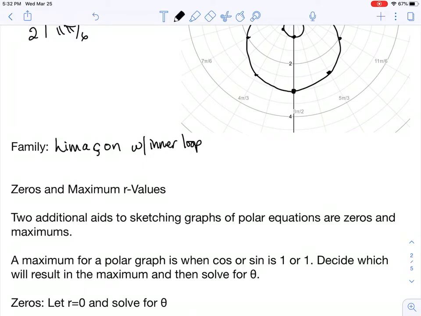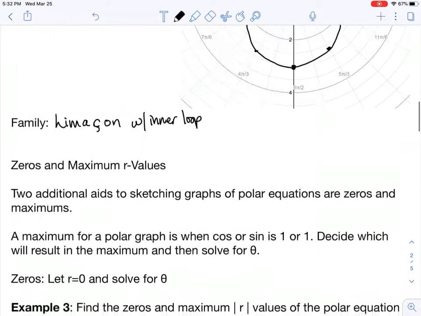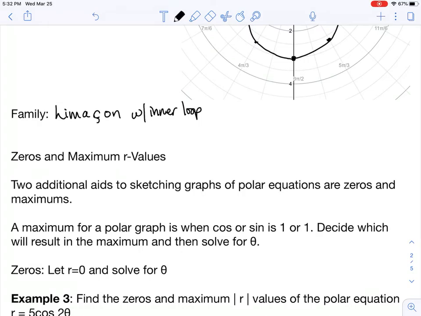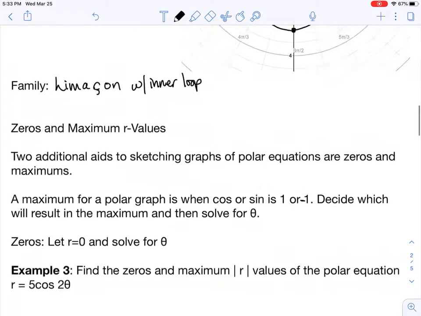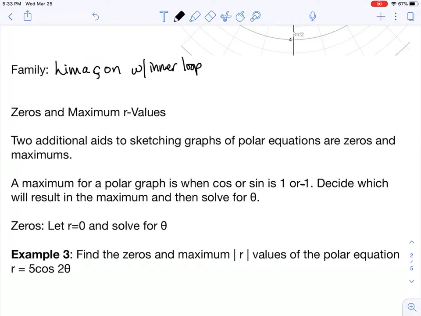Zeros, maximums that you will need. Also, you can find the zeros and the maximums, and that will help you to graph more quickly. Okay, so remember, a polar graph is going to reach its maximum when sine or cosine becomes 1 or -1, depending on whether or not it's a plus or a minus.